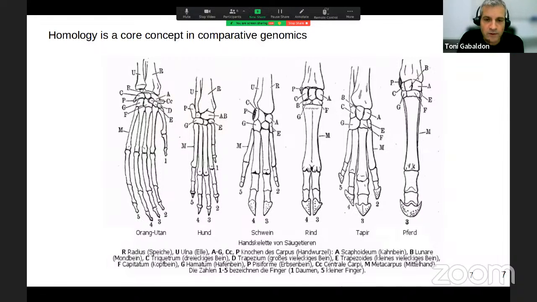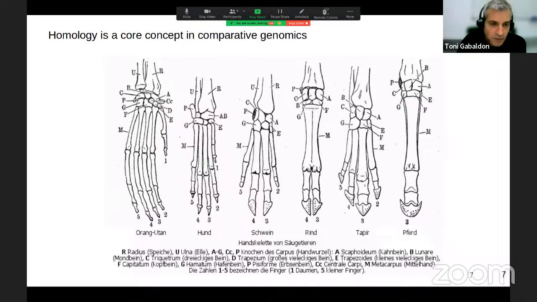And in those times when anatomists were comparing the different morphologies and structures of different organisms with those of fossils, homology was coined to mean the same organ, regardless of their shape and function in different organisms, but the same organ because it descended from a single organ in the common ancestor of these organisms.